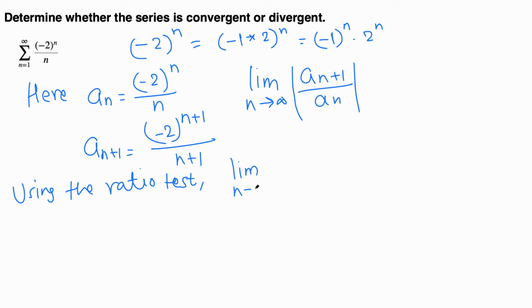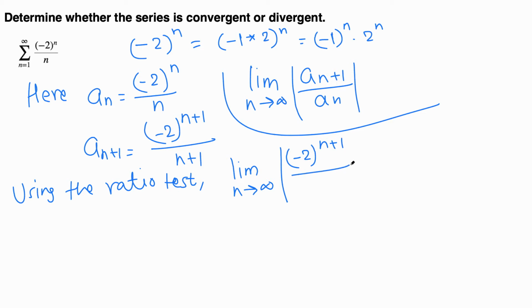So the limit as n goes to infinity of a sub n plus 1, which is negative 2 raised to n plus 1 over n plus 1, divided by a sub n, which is negative 2 to the n over n.